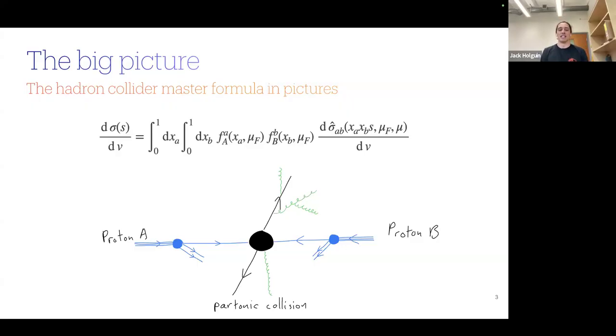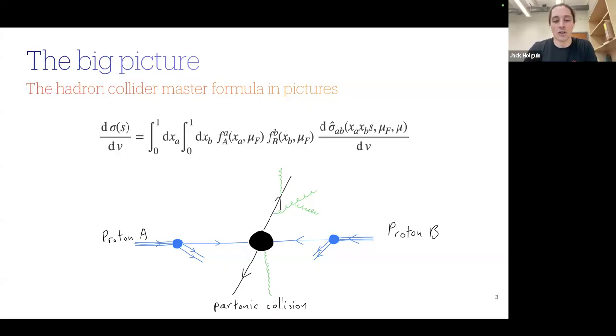Okay, so starting from the big picture, the process we want to consider is something like at the LHC, where we've got 2 protons colliding, proton A here and proton B, and they're at very high energies, so that the collision, instead of being thought of as proton scattering, can be thought of as the constituent particles inside the proton scattering, so the quarks or gluons. And these undergo what's known as a partonic collision.